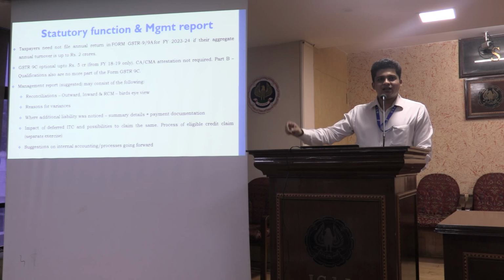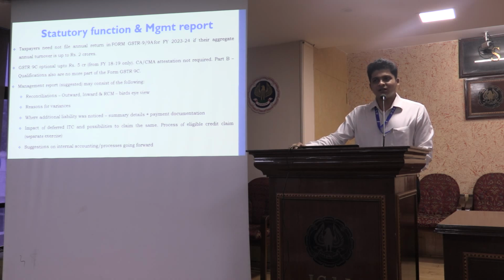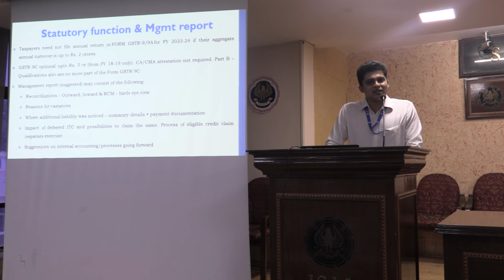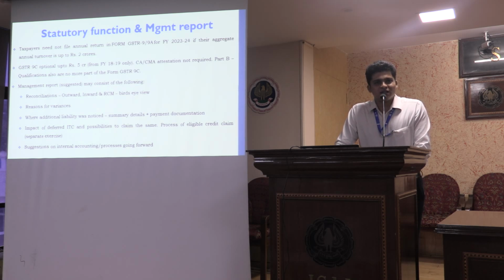Next, I have provided a list of pointers which is useful for most of us here, which is the management report, which is not mandated by law. This is something which is given as a best practice, which is useful not only for the client but also for us. So in the present day and age, if you see your client's attrition rate, if you see your own attrition rate, you may see that the person who has worked on 2017-18 9C is no more in the office.